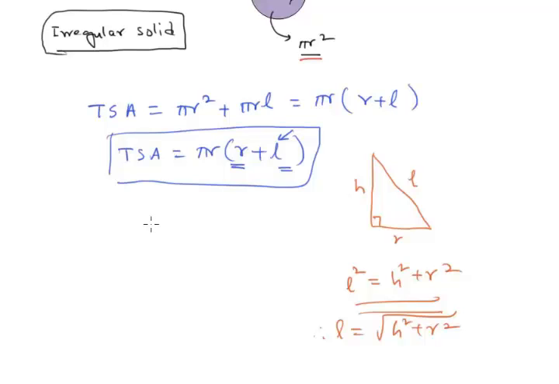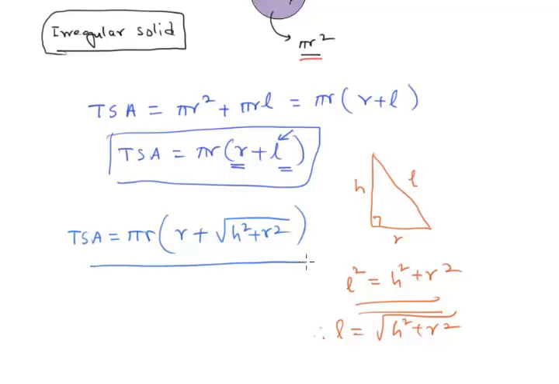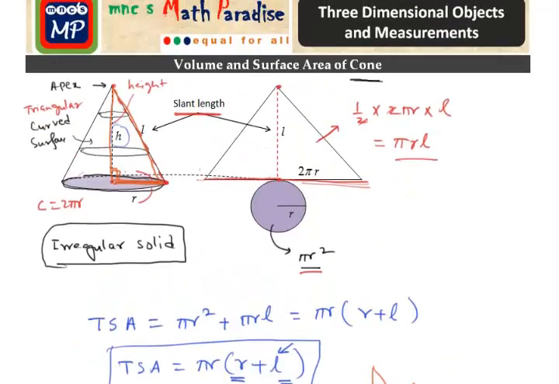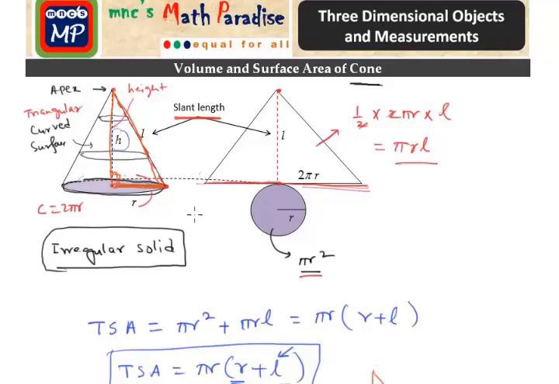Another form of the total surface area is pi R times (R plus the square root of H square plus R square). Among them, remember that the circular face area is pi R square, and the curved triangular face area is pi R L.